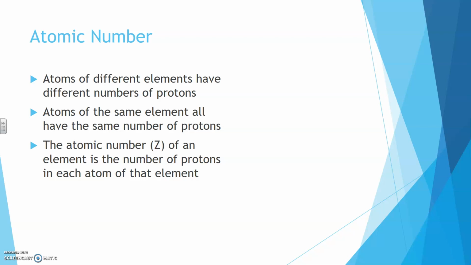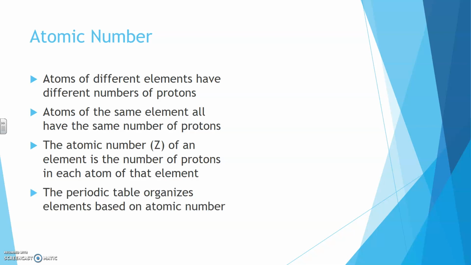Okay, so atomic numbers, you put these on your moles. They were the numbers that you had to have on your mole. The atomic number for, say, magnesium is 12, helium is 2, so on and so forth.